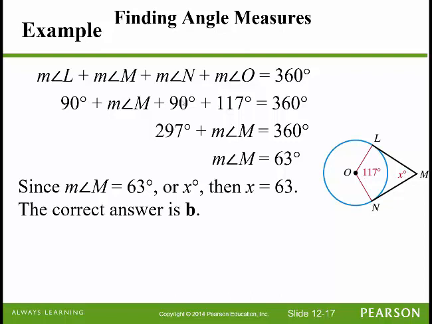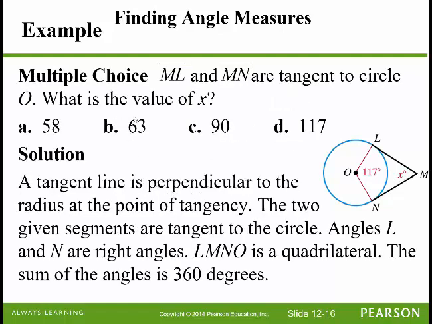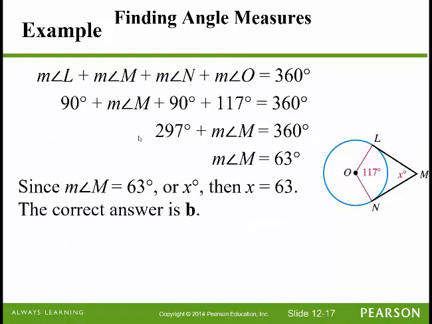If you simplify 90, 90, and 117, you get 297. Subtract that from 360, and we can say that the measure of angle M, that unknown x, is 63 degrees. So if you look back, the correct answer has got to be B.